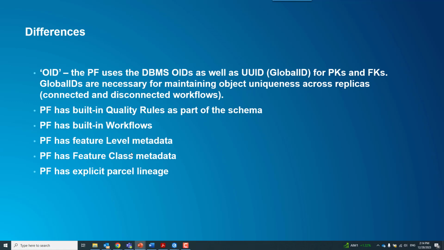We want to know about the polygon feature class, what it is, and explain it. So you can simply look at the metadata of a certain, let's say, spatial unit to understand what that means, because it can be, like we said, many different things. And we also have explicit parcel lineage. Like we said before, I'm not going to cover that again.